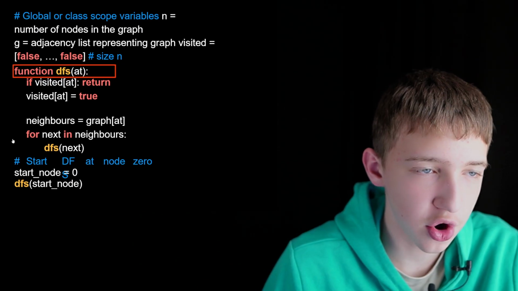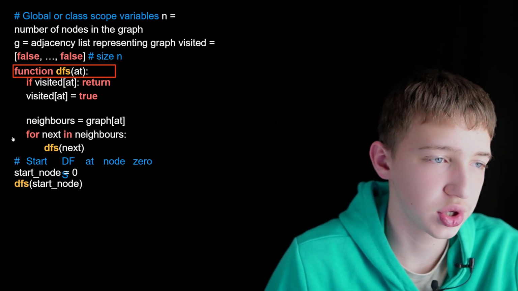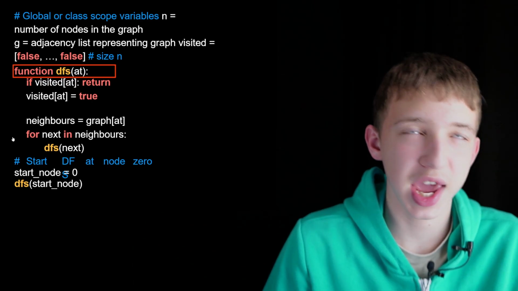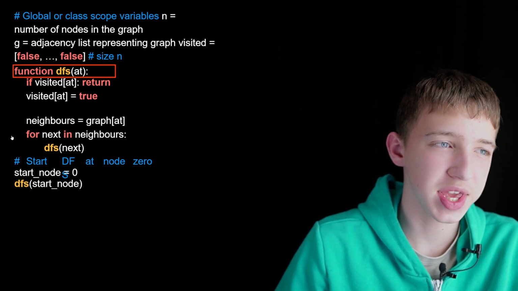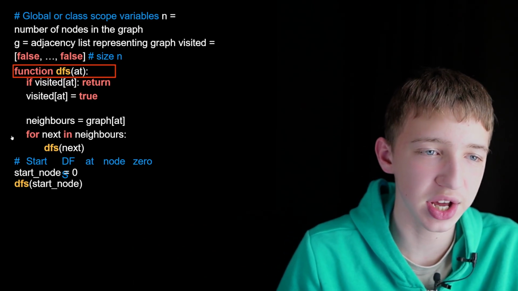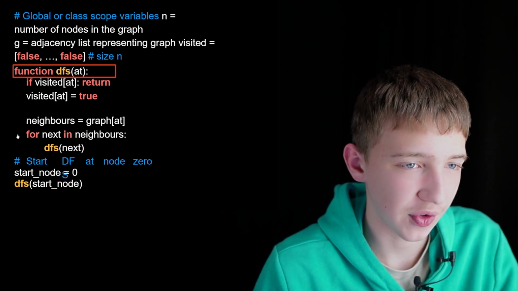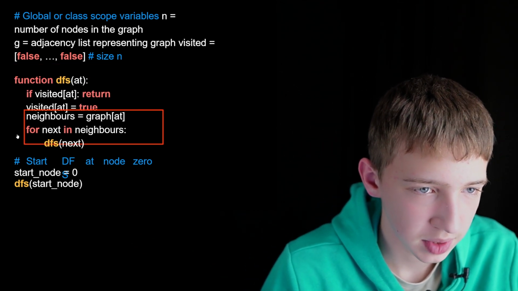So we're just returning. We do not want to handle this because in depth first search, we cannot look through the node twice. Of course, we cannot traverse it twice.